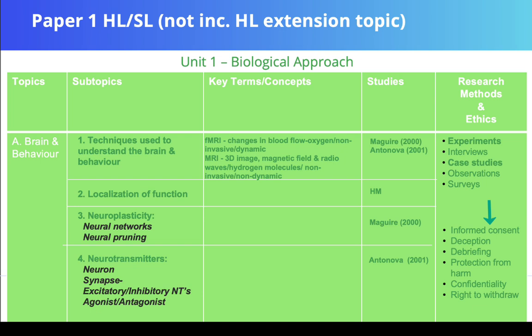It's unlikely that I'll be able to do all of these in an essay, and in a short answer question I'd probably just focus on 1 unless the question asks for more than that. But I really would narrow this down to particular ones that are most relevant to the research that I've got in my studies column, and then I can use the research to help link to the ethical considerations that I choose to focus on. So making a table like this could help you revise your first topic, the brain and behaviour, from the biological approach.